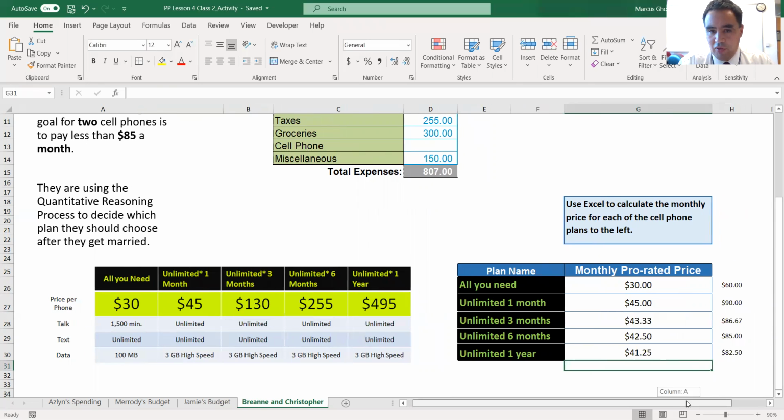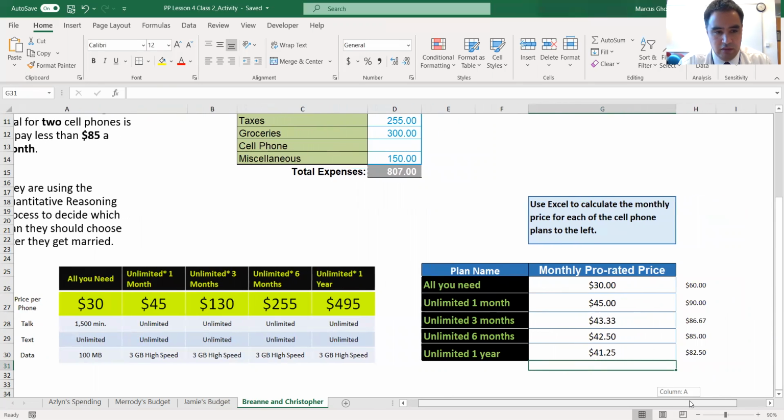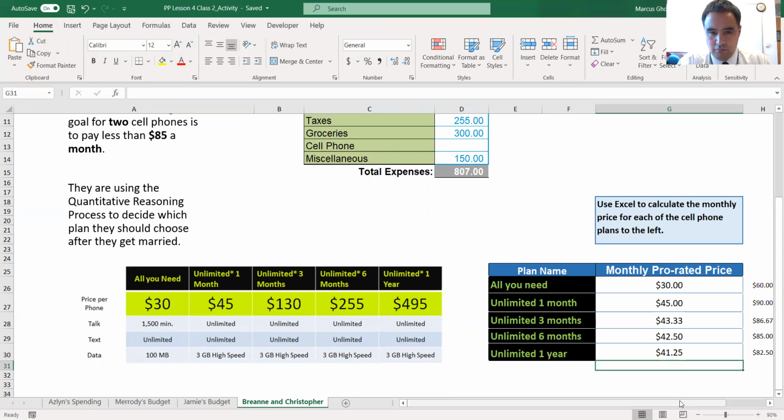And so if they're both going to have the same plan, they would need to sign up for at least a 6-month contract, or they could do a 1-year contract, depending on, I mean, you want to consider that, how long are you going to live there? How long do you want to be committed to that plan? Because if you're going to be moving somewhere where you can't use that plan anymore, that may not be good. Anyways, that's how you compute that.